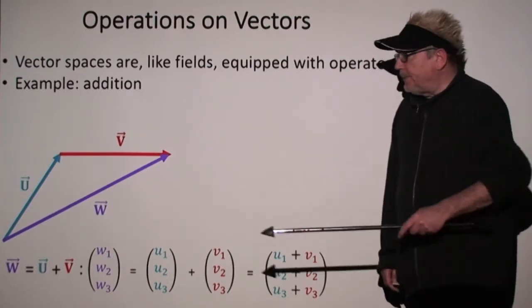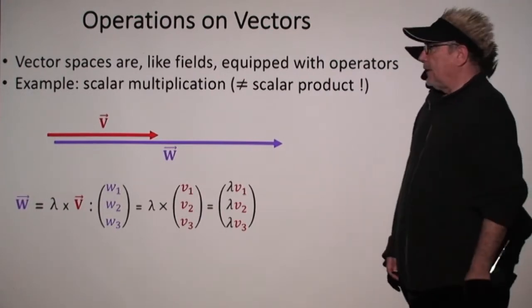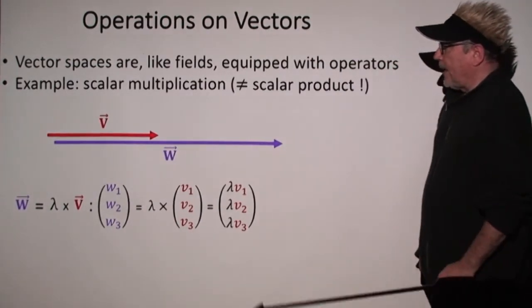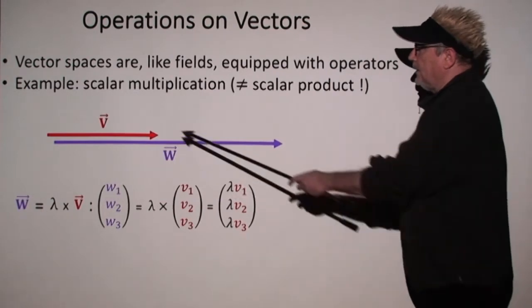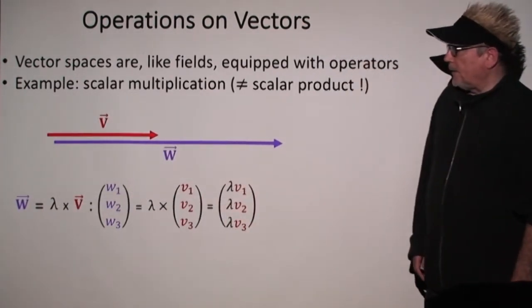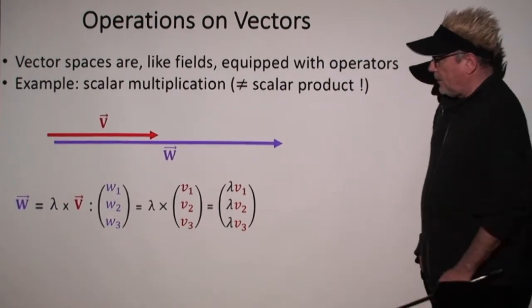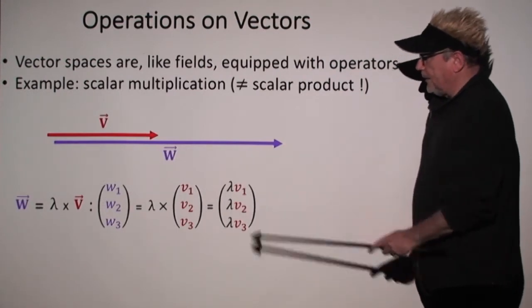Okay, now, you can also multiply vectors by a number, by a scalar. So in that example, for instance, you can see that the vector v multiplied by this scalar here, lambda, will give you this vector w with those coordinates there.